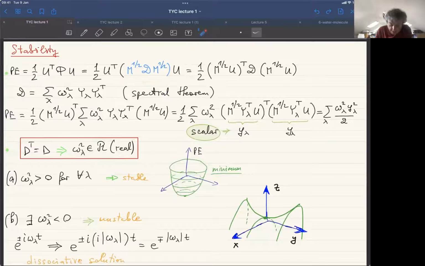So we have that. Now, by writing the dynamical matrix in terms of these eigenvectors and eigenvalues, I can use this formula. This is called the spectral theorem.